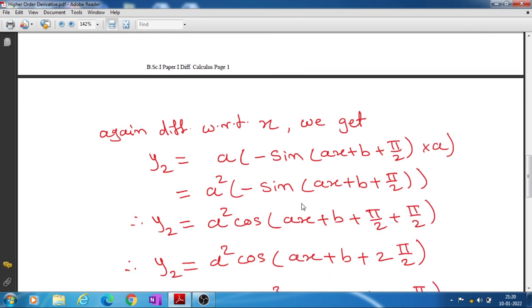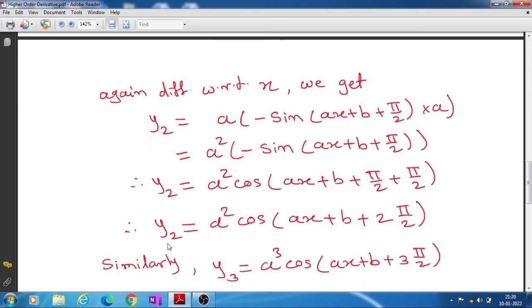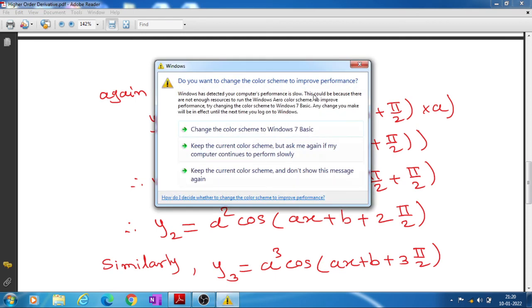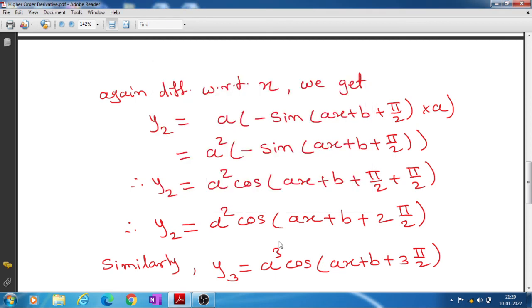Again for this minus sin we can substitute cos(ax + b + π/2 + π/2), because we know the formula minus sin θ = cos(θ + π/2). So here we add π/2. So the second derivative becomes y2 = a² cos(ax + b + 2π/2).